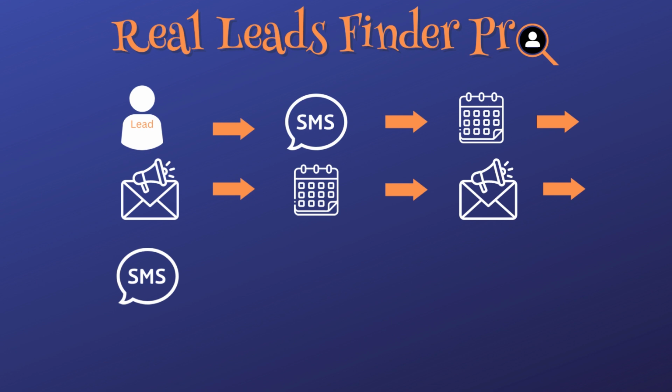So here I've put together a very simple graph just to show you one of the things that you can do in terms of automating your email marketing. You have a new lead, you can set it up so that an automated text message goes out to that lead, and then schedule the time.